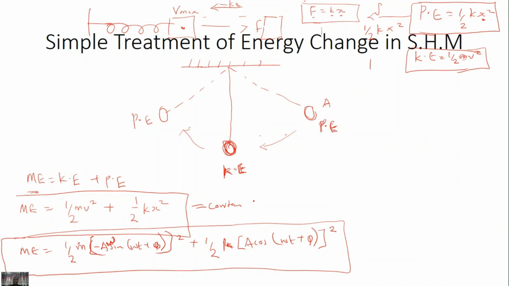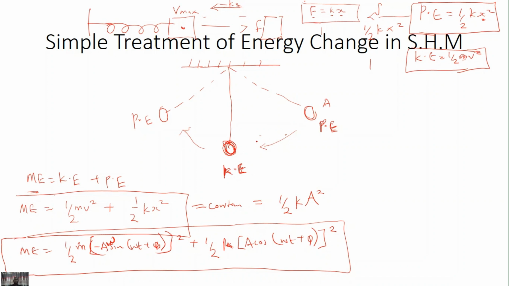And that particular value that is constant is equal to the initial potential energy when the body is first released, and that is taken to be half ka squared, in which a happens to be the amplitude before it is released to go into the oscillatory motion.